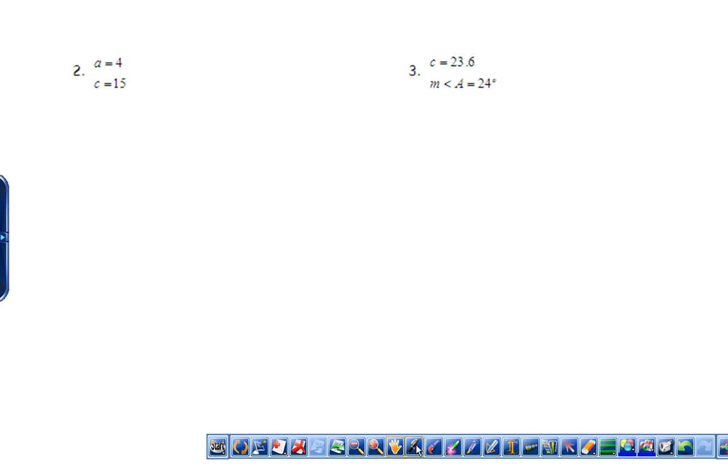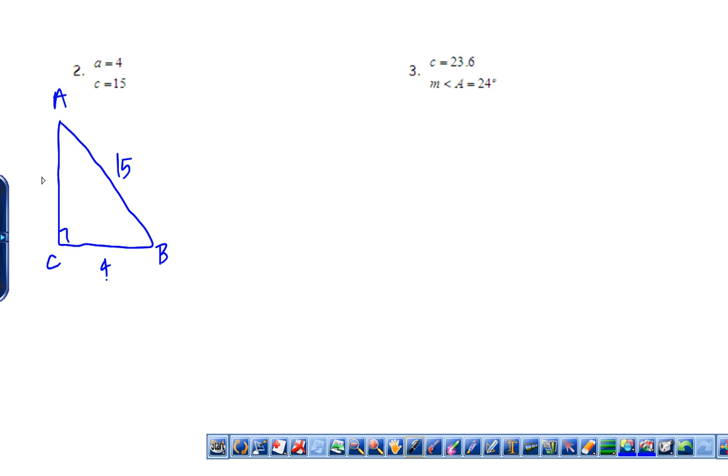Okay, I'm using the same triangle over and over, so I'm just going to redraw it so it's easier to see each of my information. And if you notice, I'm never going to build off of my C, so I'm never going to do sine or cosine or tangent from C. All right, so little a is going to be 4, and little c is going to be 15. So I don't have an angle given at all except for my 90 degrees.